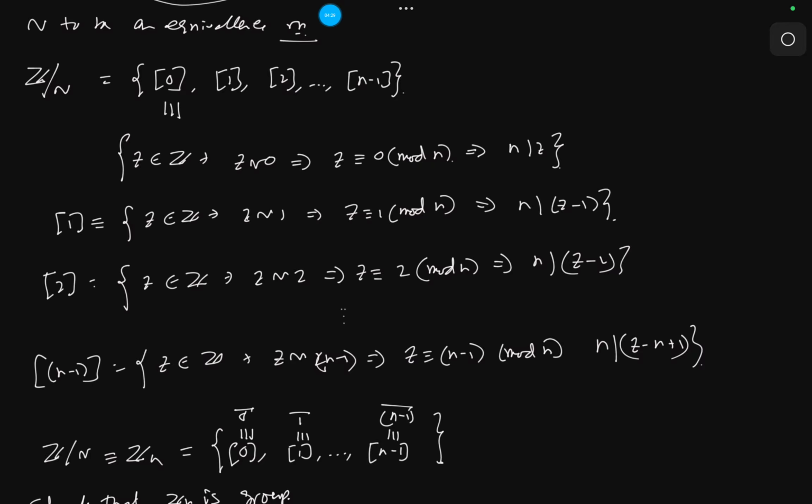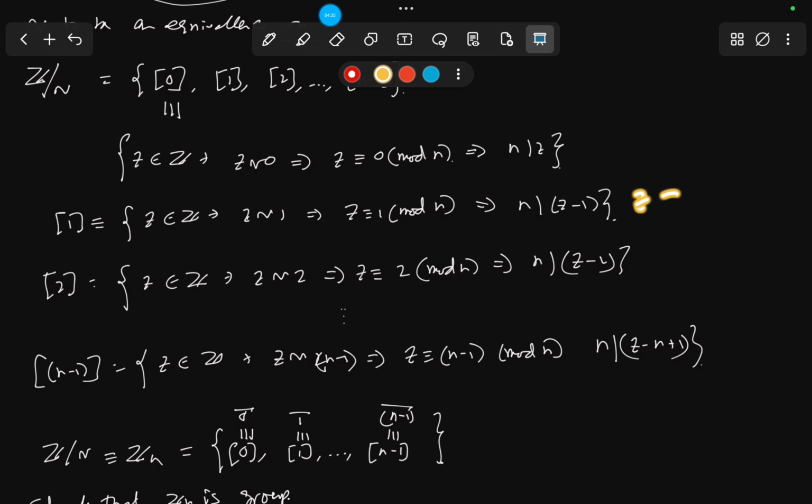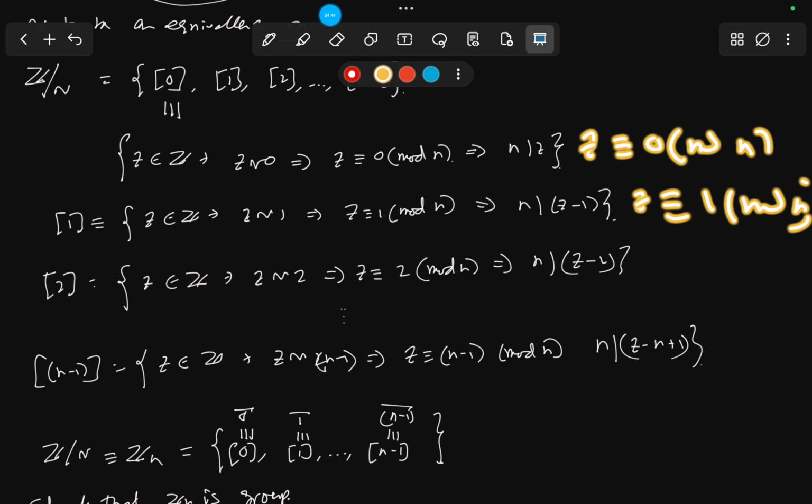That means n divides z minus 1, so we can write that as z is congruent to 1 mod n. And 0 bar we can write as z is congruent to 0 mod n.